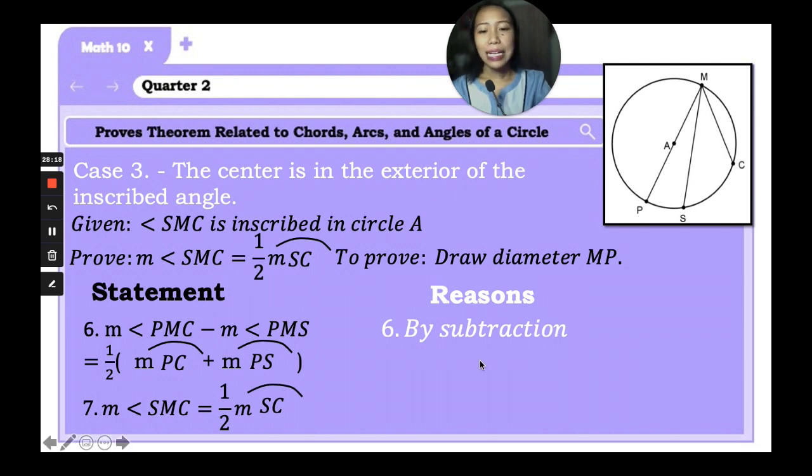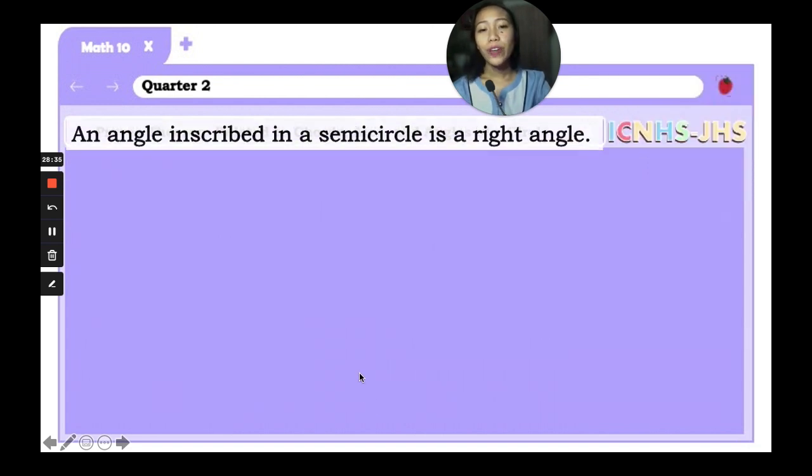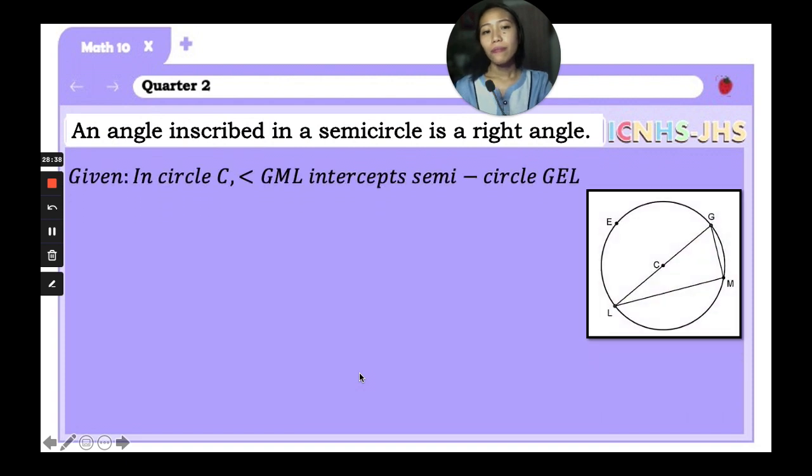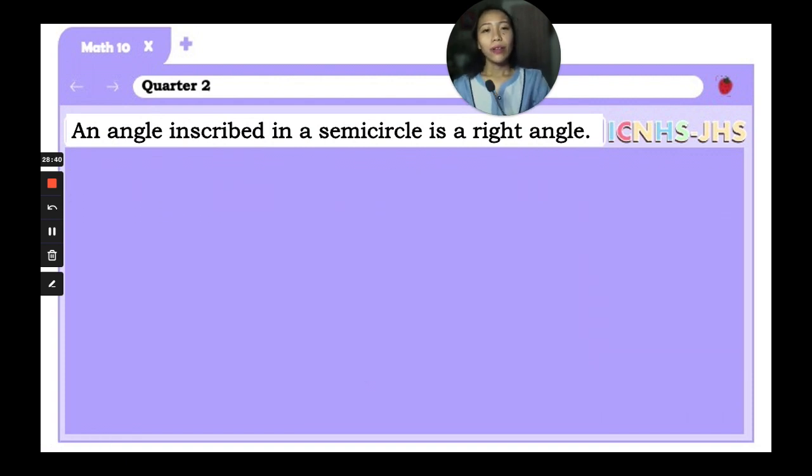That is just by subtraction. And lastly, we have the measure of angle SMC to be half the measure of arc SC. That is by substitution. So we are done with proving our inscribed angle theorem.